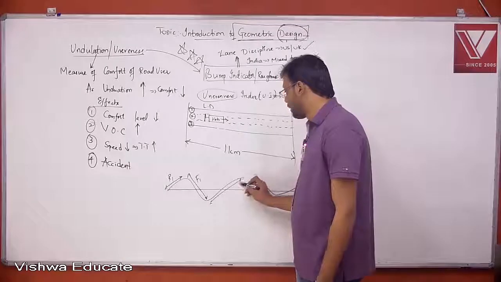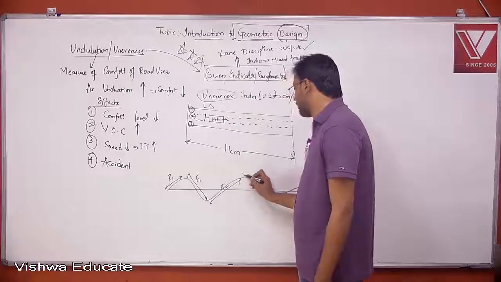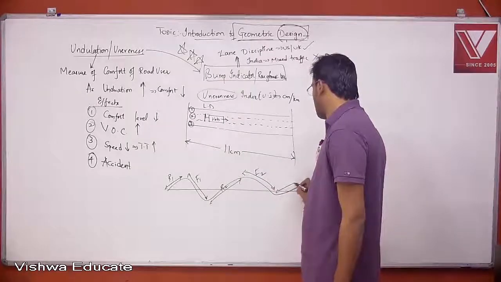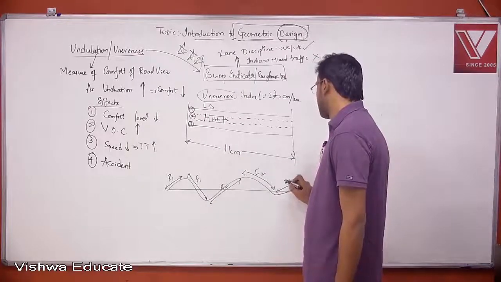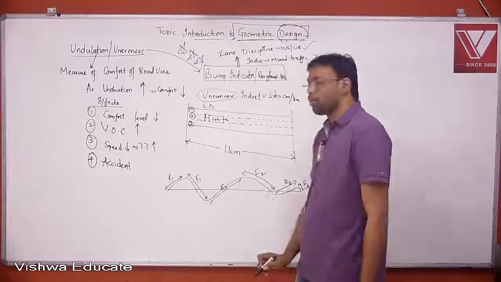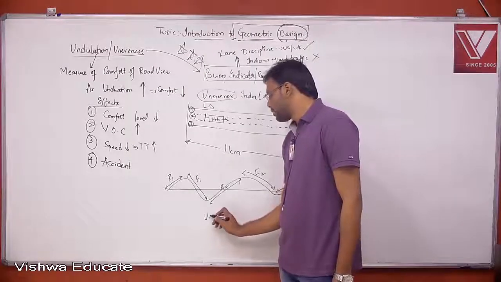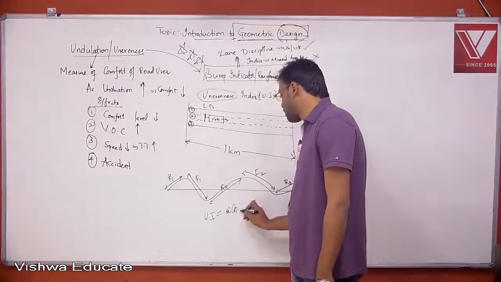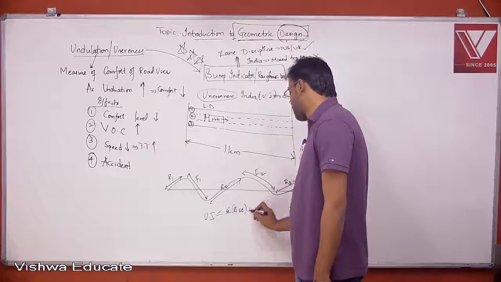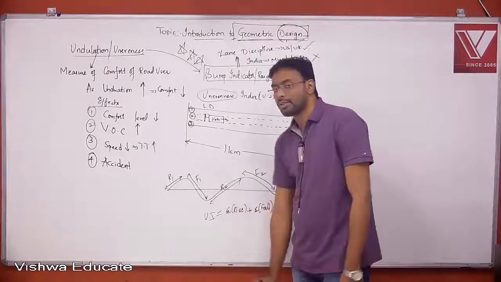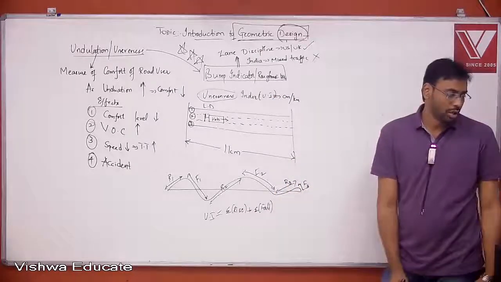Similarly, it will tell the rise, similarly the fall, and so on. So what is my unevenness index? Finally, sigma rise plus sigma fall.